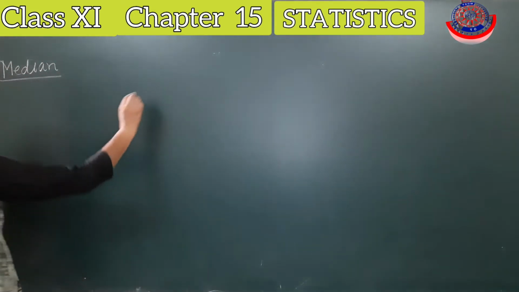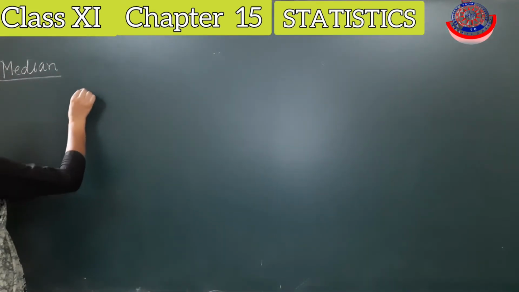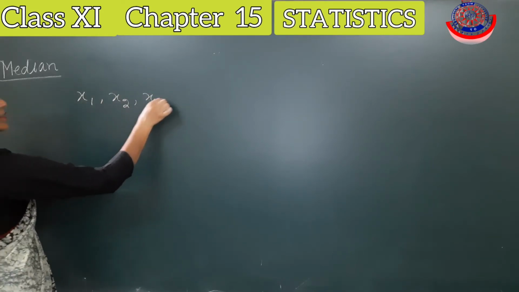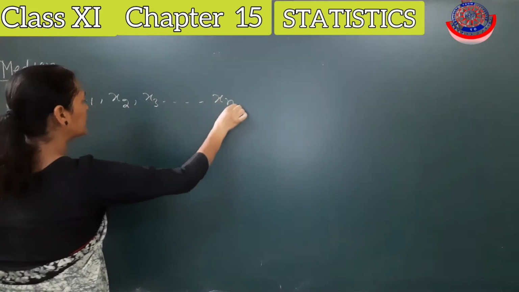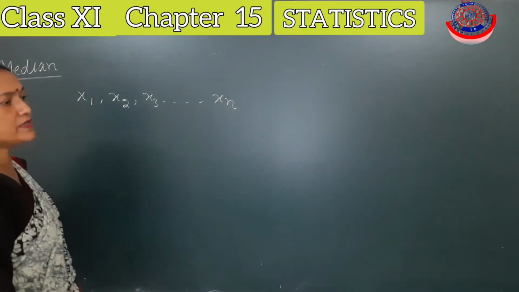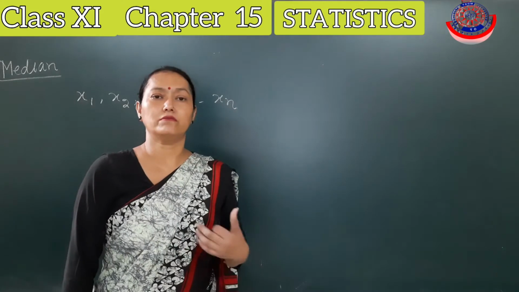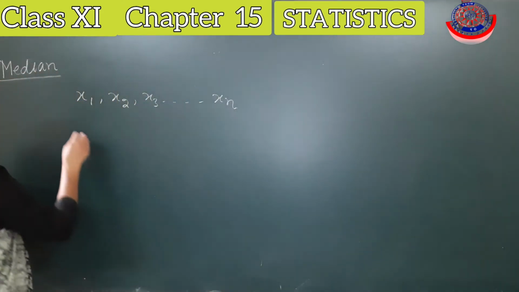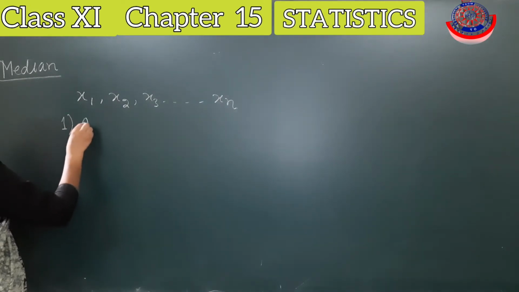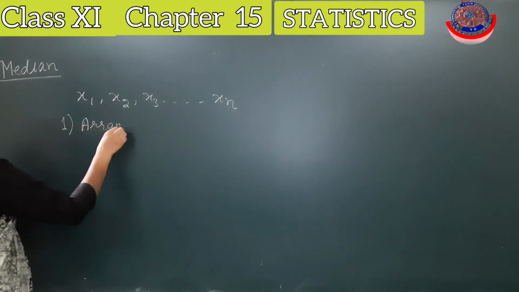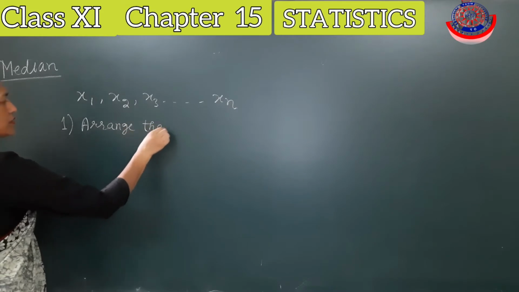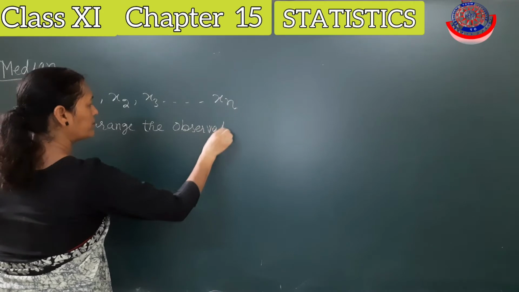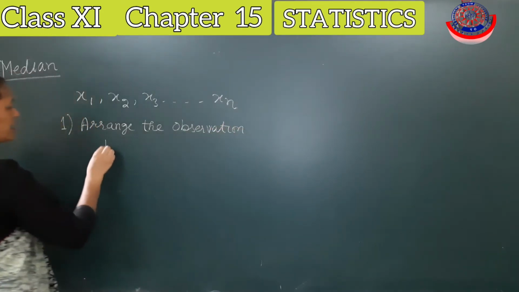When we talk about median, suppose n observations are given to us. First step is to arrange the observations in ascending or descending order.